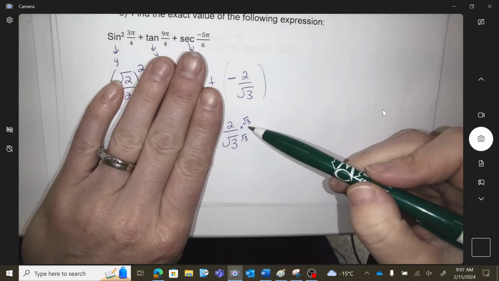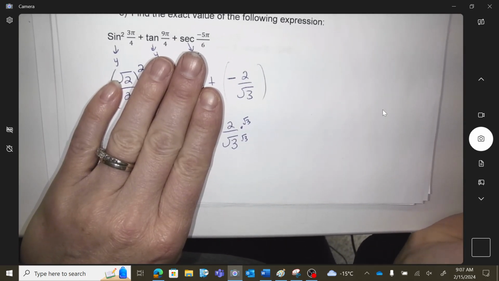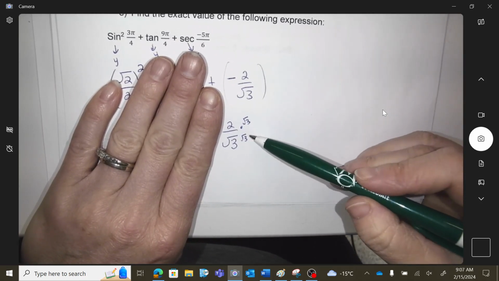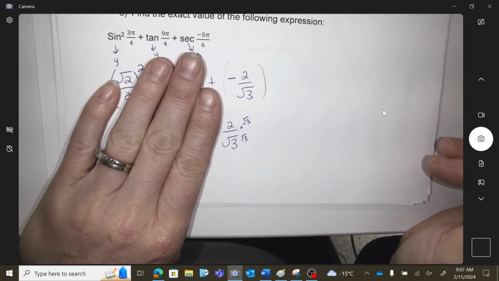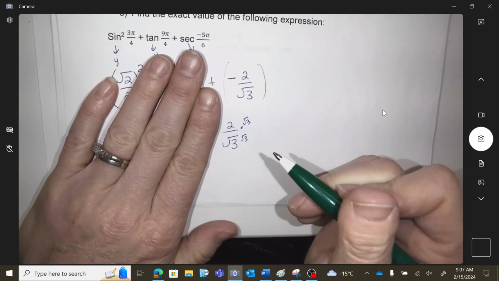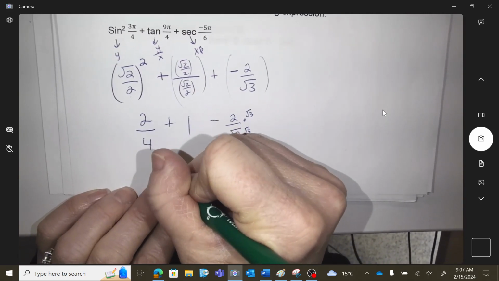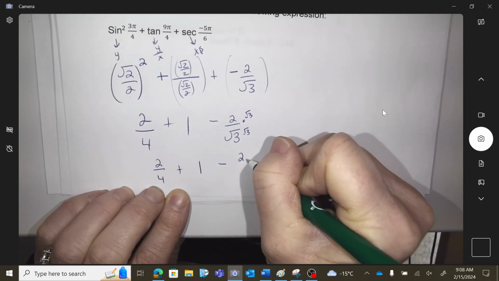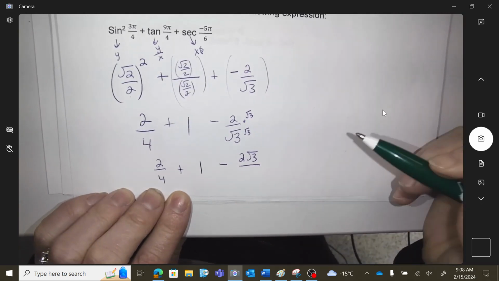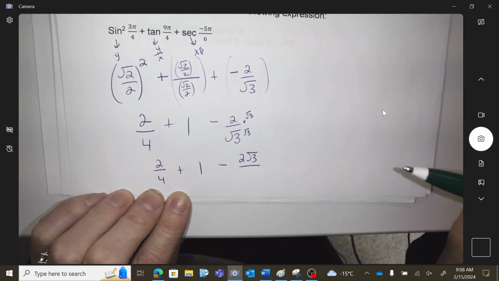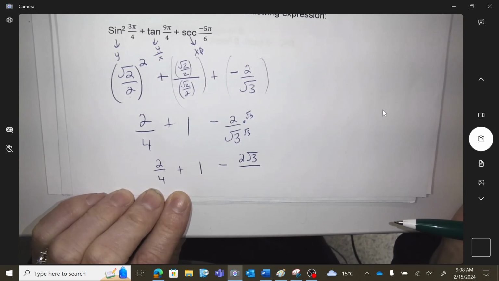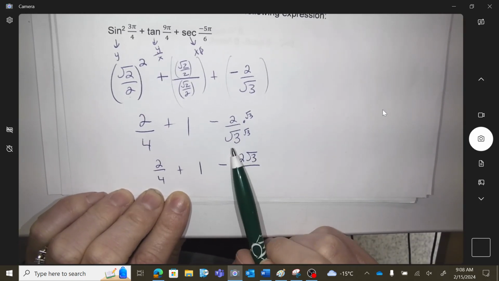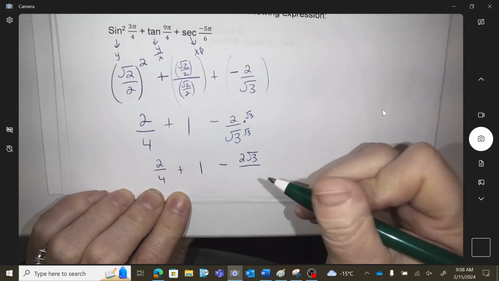Okay, this is legit because I'm timesing it by 1, because root 3 over root 3 is just 1. If you times something by 1, that's fine. So that is 2 root 3. And then what happens to the bottom? What's a root 3 root 3? 3.